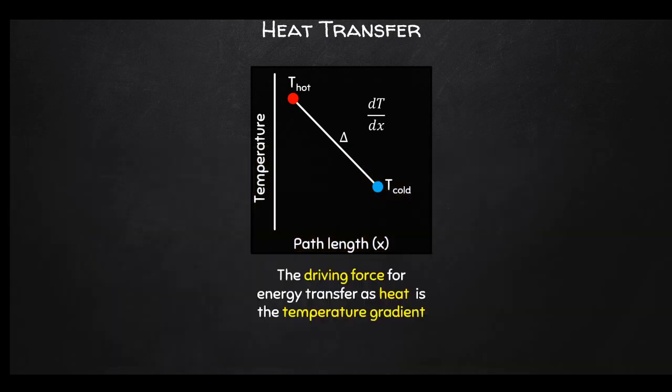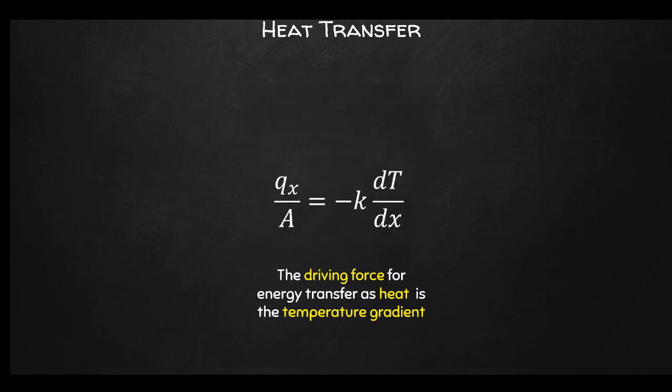So the driving force is the temperature gradient. If there wasn't a temperature gradient, then heat would not be transferred to begin with. However, there's another factor, and this factor we call a property of the material, specifically the thermal conductivity. How well does the metal conduct energy?